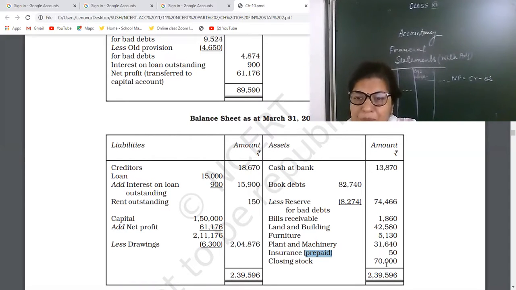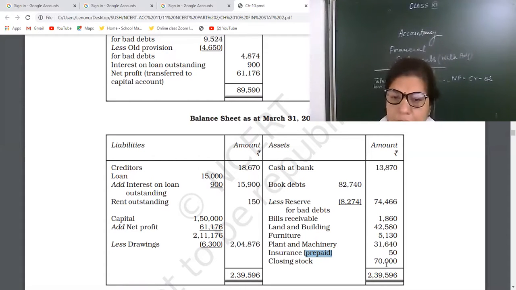One is the credit side of trading account, and another is the asset side of balance sheet. Because it is given in the adjustment, it means it is not adjusted up to that date. This is 31st March. Now see the totals of liabilities and asset side.